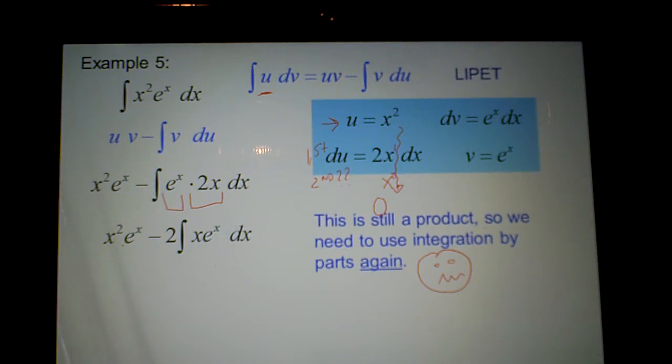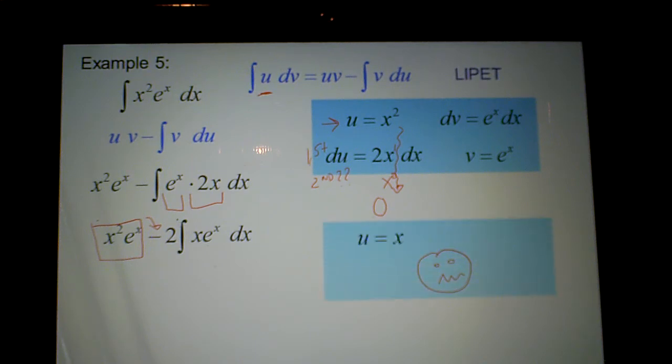Now, don't forget about this. All of this is still there, and my negative sign. So this time I go to the second integrand and start over again. Polynomial function is going to be u, and there's dv.